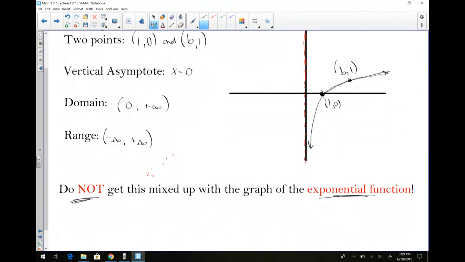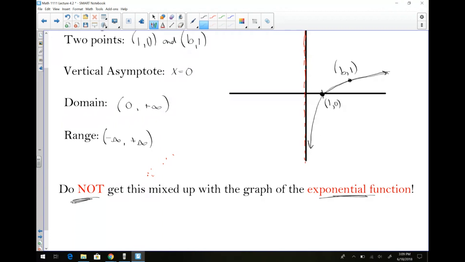So what I would do if I were you guys, I would honestly maybe print out some problems, just look in the book or even on your homework, and make it a mix of logarithmic functions and exponential functions and throw them in a hat. And pick out one to see if you can graph it from beginning to end. And hopefully a logarithmic function will not accidentally turn into an exponential function.